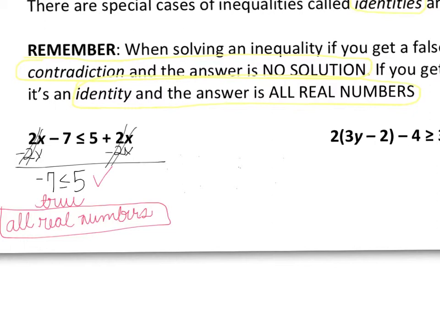Are the numbers greater than 0 a solution of this problem? Yes. Are the numbers less than 0 a solution to this problem? Yes. So you would simply show an arrow that goes both ways from 0, showing that basically any number on the number line is a solution of this problem.